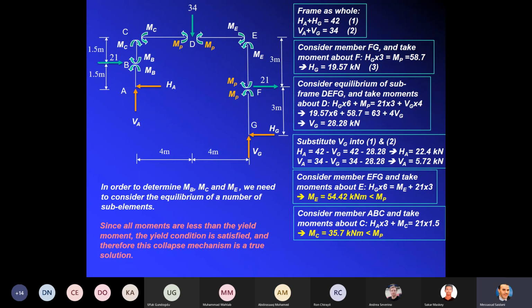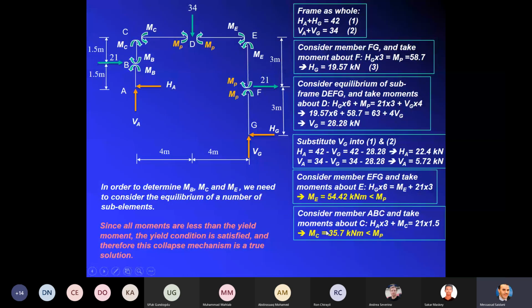And this is the moment at joint C. And you can see that this is less than the plastic moment MP of 58.7. Is that clear, please? If anything is not clear, please just stop me.